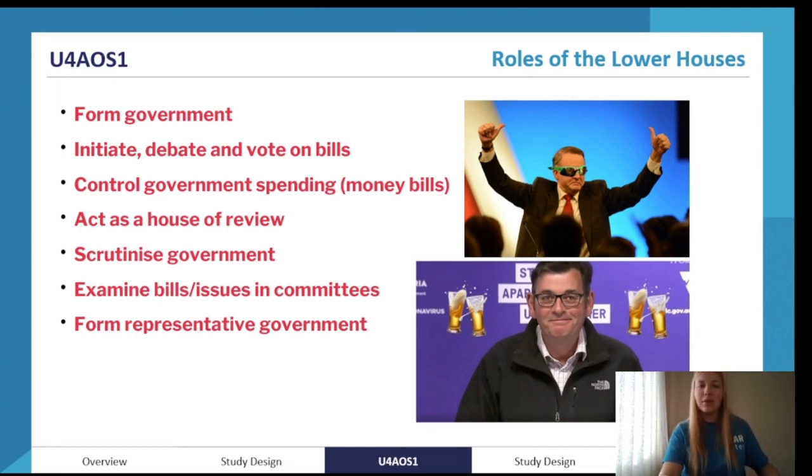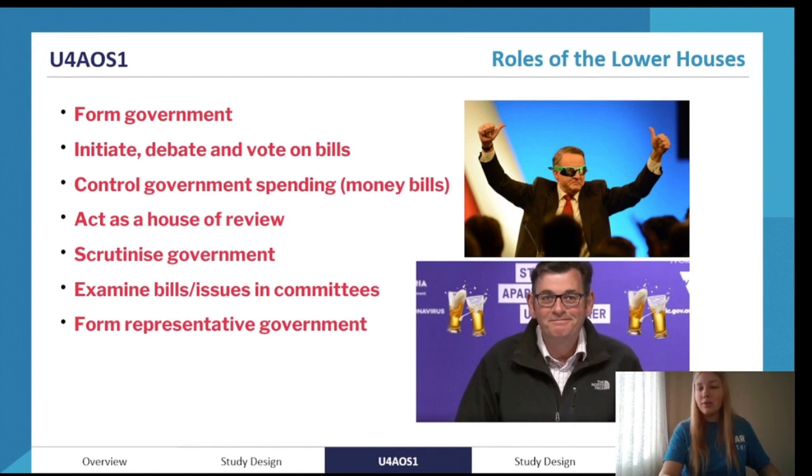So the lower house also initiates, debates, and votes on bills. This is a role that the Senate, the upper house, also possesses. You can see that there's a lot of overlap between the roles. We talked about bill initiation already, but someone such as a minister will step forward and propose a bill, and debating and voting happens in both houses on every bill because it needs to pass through both houses.